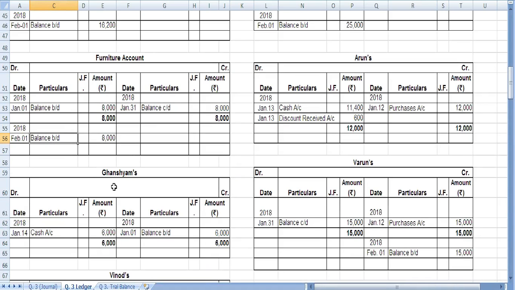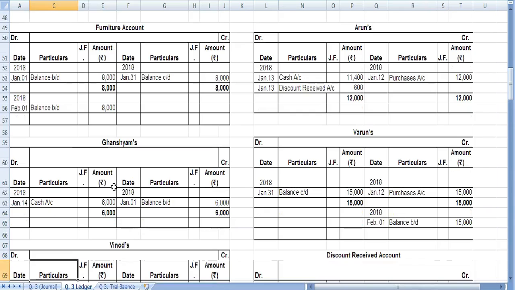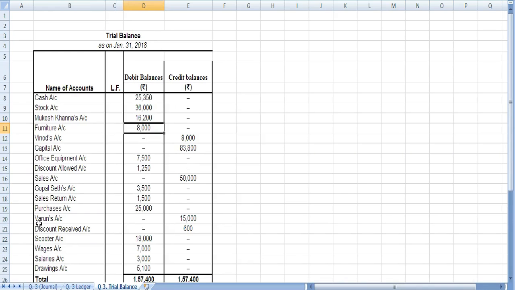Then if you come to Varun here, this was the CD which became BD on the buy side. This is on the credit side. So in the trial balance, Varun will be written here, and it will go on the credit side, 20,000. This is how you have to write down only the balance amounts.